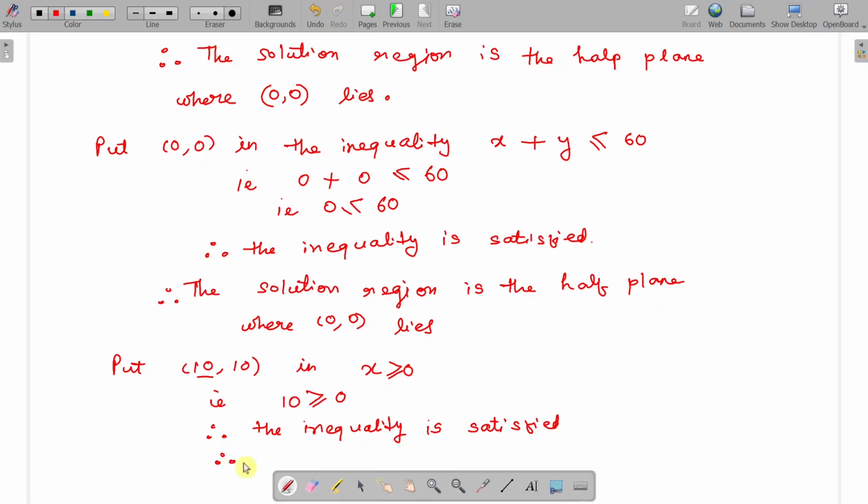Therefore the solution region is the half plane where 10, 10 lies. Okay, so where is 10, 10?